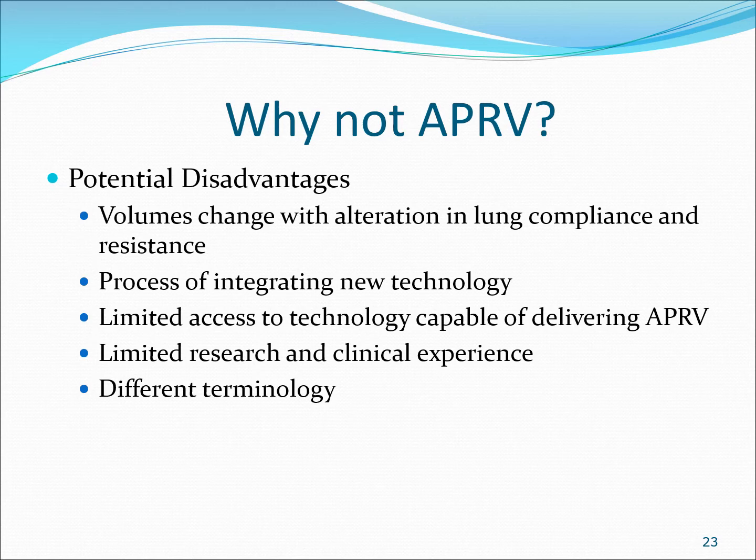As the patient worsens, their lung compliance gets lower, so that means you have to increase your pressures. The problem is, just like with pressure control ventilation, you cannot set one setting on the ventilator on APRV and walk away and keep it there for the whole duration the patient is on mechanical ventilation. You have to make changes in pressure because volume changes with lung compliance and resistance.